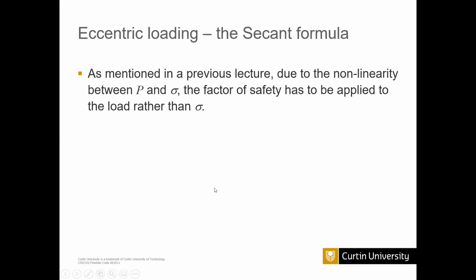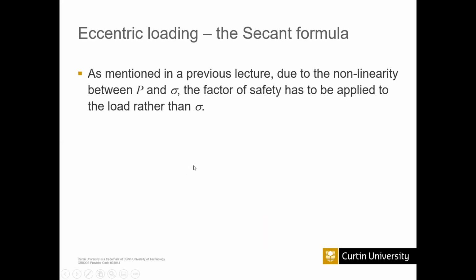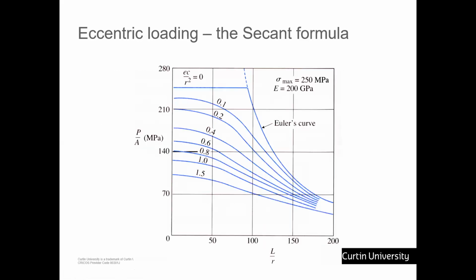So if you have a factor of safety, you need to introduce the maximum P as the working load times the factor of safety. That is the meaning of K times PW. So this is the slenderness ratio and the stress variation.